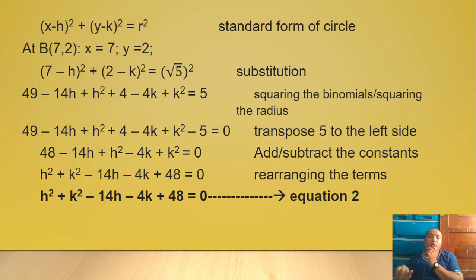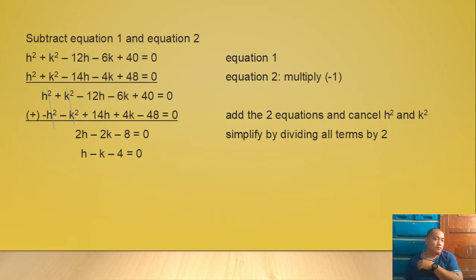We're done solving for equation 1 and equation 2. Let's proceed to equation 3 by subtracting equation 1 and equation 2. So for equation 1, we have h squared plus k squared minus 12h minus 6k plus 40 equals 0. For equation 2, we have h squared plus k squared minus 14h minus 4k plus 48 equals 0.